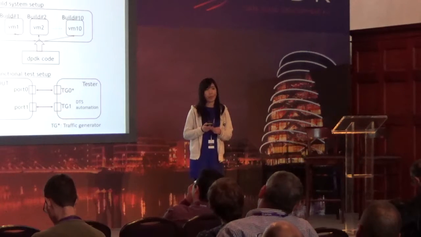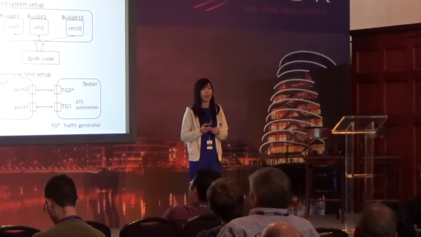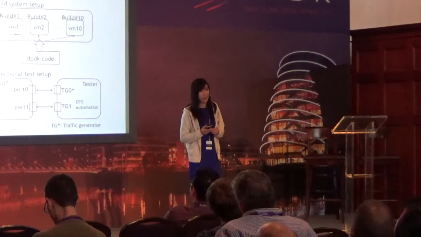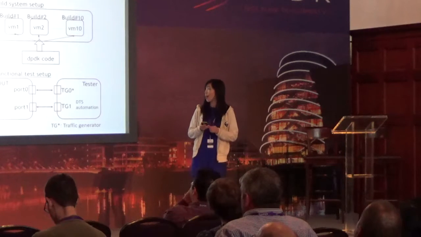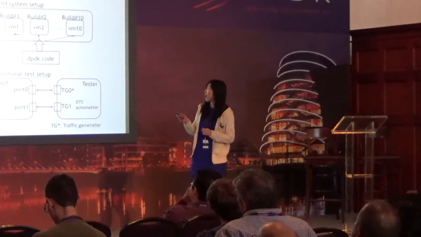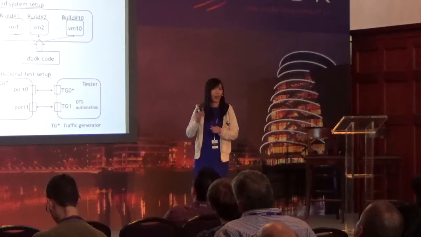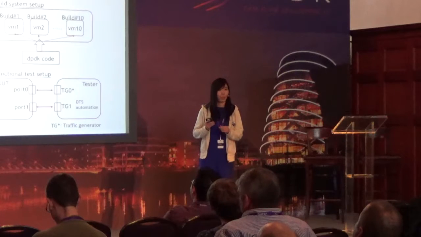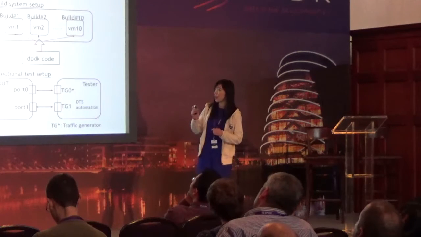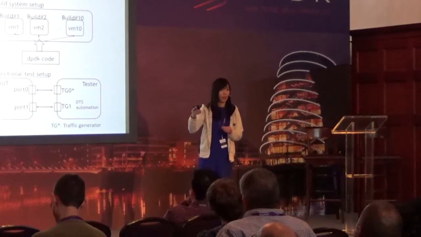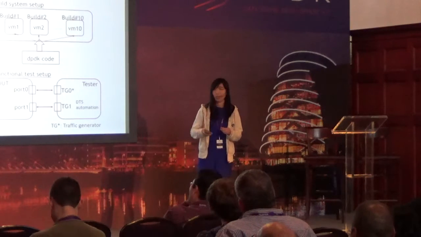We cover 3 platforms and a total of about 217 test cases. And you can see here the build system. We are using VMs to have different targets and different configurations. We take the DPDK code and distribute it to different VMs to do the build.